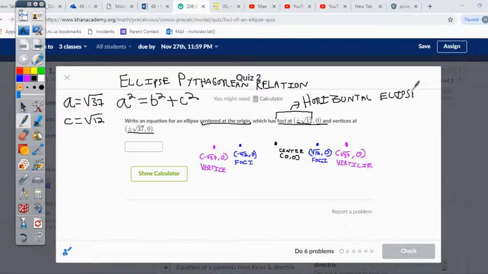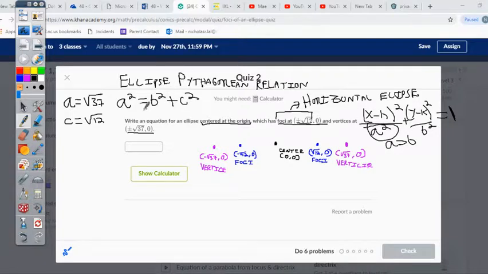The horizontal ellipse has a standard equation: x minus h squared over a squared plus y minus k squared over b squared is equal to 1. In general, A is bigger than B, so the larger denominator is over the x term.